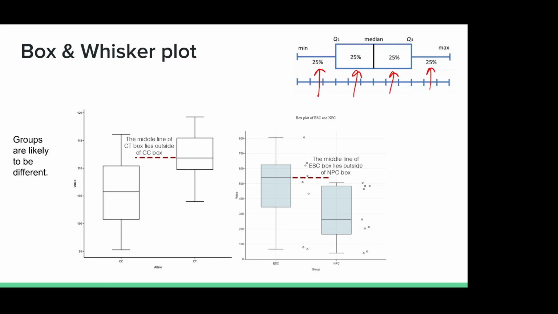So roughly each of the four components should comprise 25% of the data points. So it's showing you how spread out the data are, especially those whiskers. They're showing you how far off or how outside some outliers may or may not be. But we can get a little more information from it.